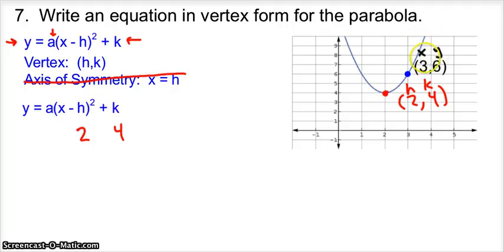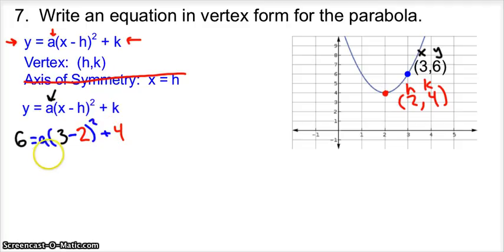All right, I'm going to plug that into this equation to find my a, because once I have my a, I can write an equation for this line. So my y, now just be careful where you plug it in, is 6. My x is 3. So now I'm going to fill in everything else with blue. So my equal sign, I don't know what a is, my parenthesis, minus sign, parenthesis, my square, and my plus.